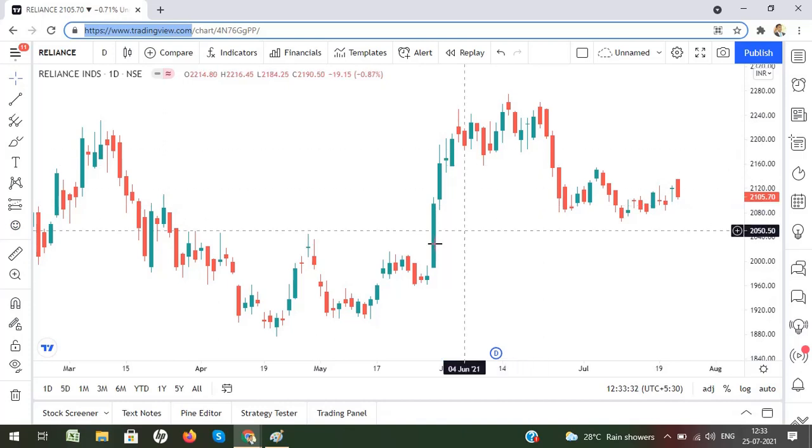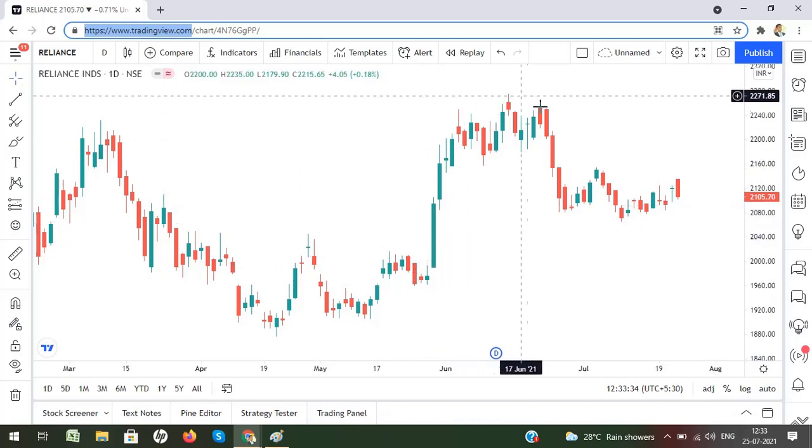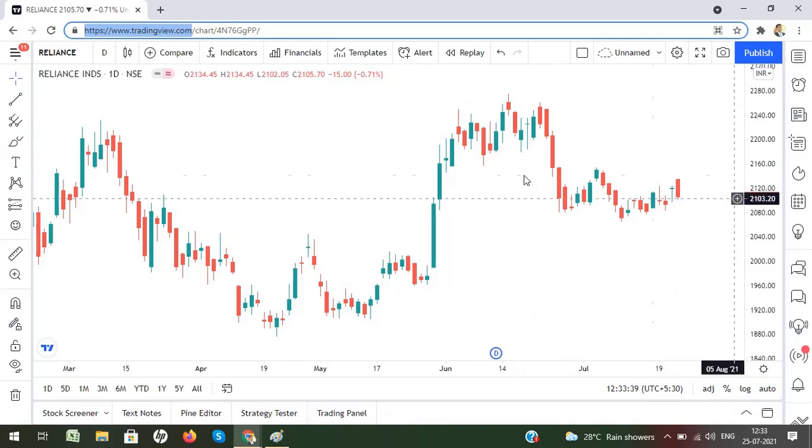You can see the price moving up, the price coming down, and what price it is currently trading at. So on the x-axis you see the time.